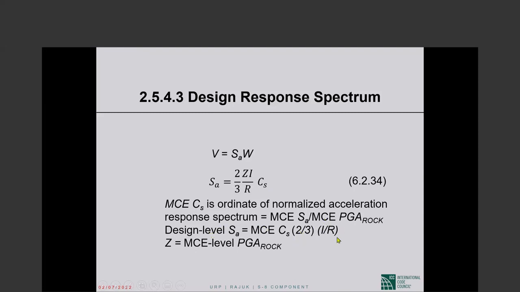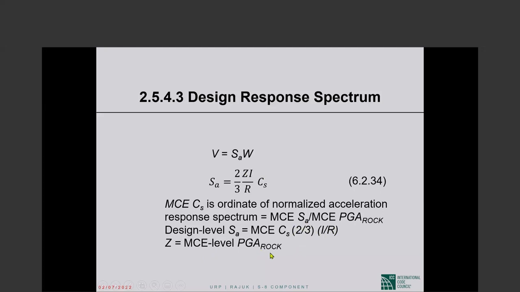And as in AC7, we divide by R. We lower the spectrum by R and we raise it by I. So design level spectral acceleration is the MCE level C sub S multiplied by 2/3 to bring it down to design level, and then modified by R and I. The Z is, as I said earlier, the MCE level PGA on rock.